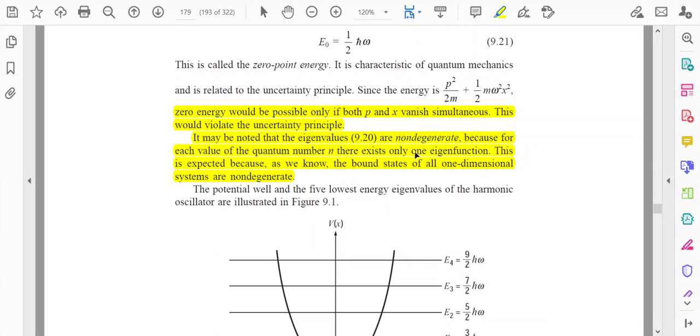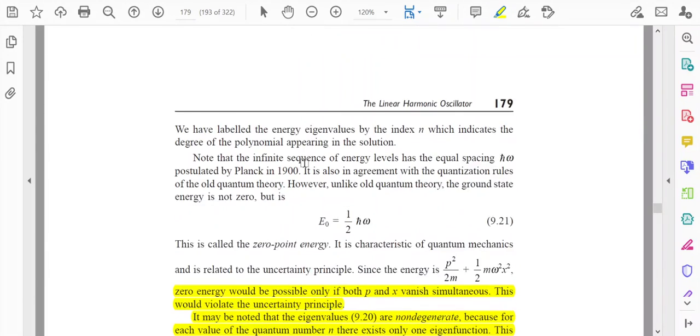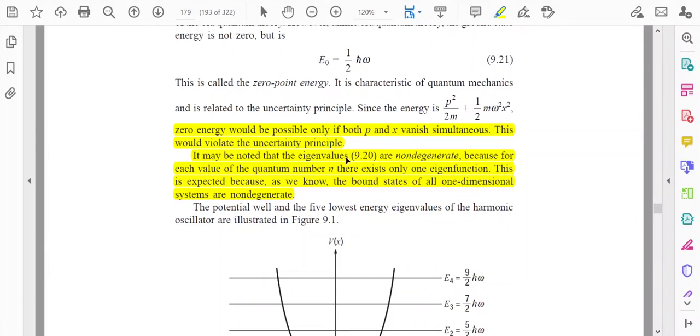We have already learned about degeneracy and non-degeneracy. The energy values are different for different states, and as I will show later, the eigenfunctions are also different for different states. So we are saying that the eigenvalues and eigenfunctions are non-degenerate in nature.